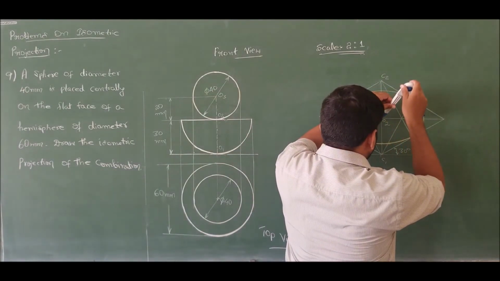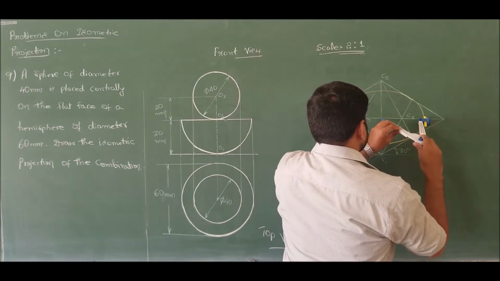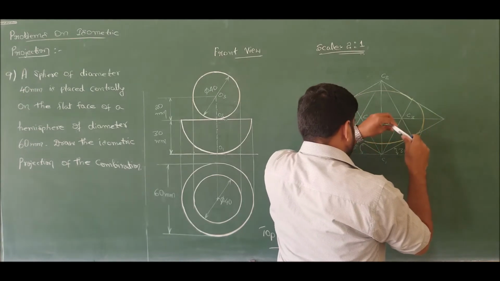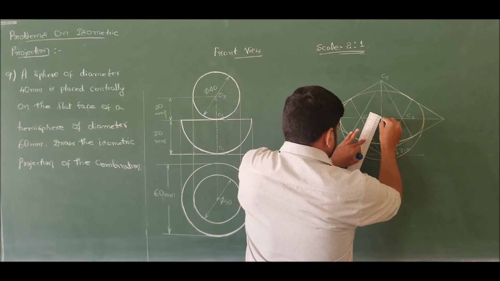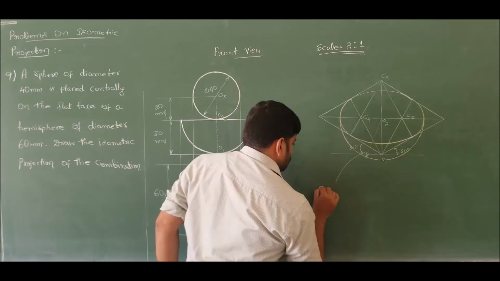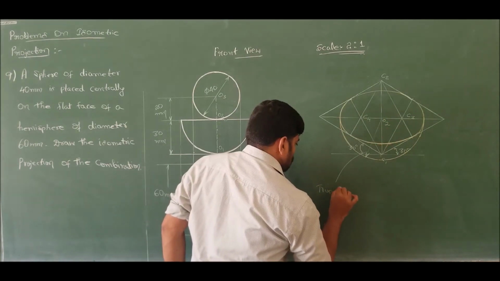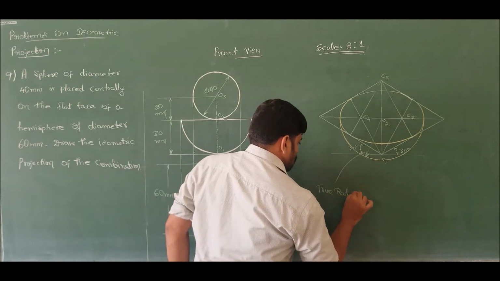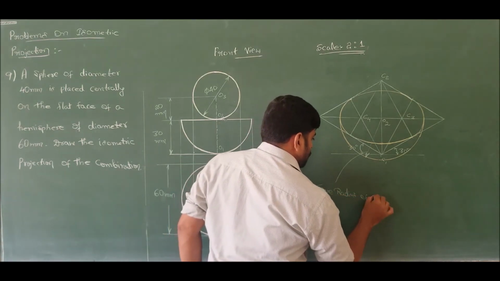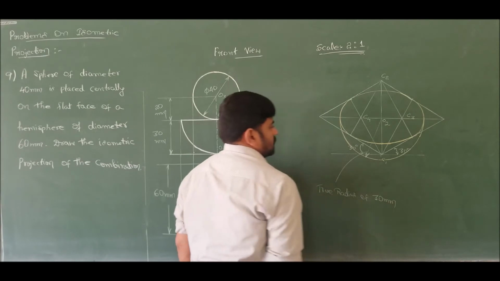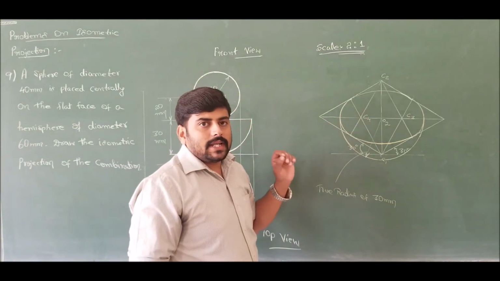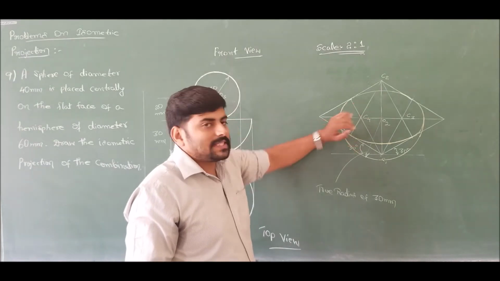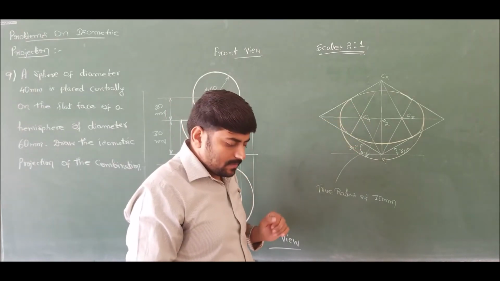Taking the true length of 30 millimeters, construct a semicircle. The radius of the semicircle is the true radius of 30 millimeters. So this completes the isometric projection of the hemisphere of diameter 60 mm.